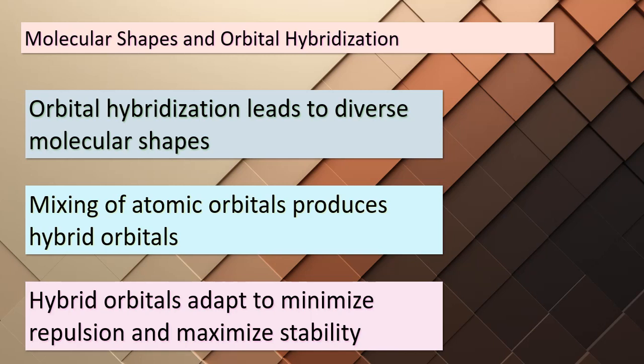This artistic process results in various molecular shapes, each with its own unique attributes. Today, we'll explore examples of hybridization, such as sp, sp2, and sp3 hybrid orbitals, and discover how they influence the structures of molecules. So, let's dive in and uncover the mysteries of molecular geometry.